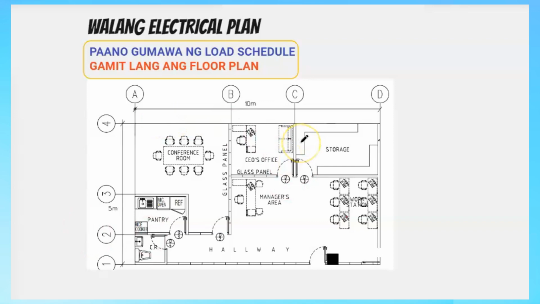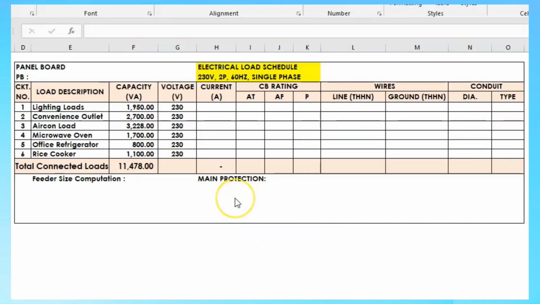Okay, so we're done with the load description. So let's determine what capacity of panel board we can install. Okay, so let's size up our branches, what wires and circuit breakers. After that, we go to our main protection.